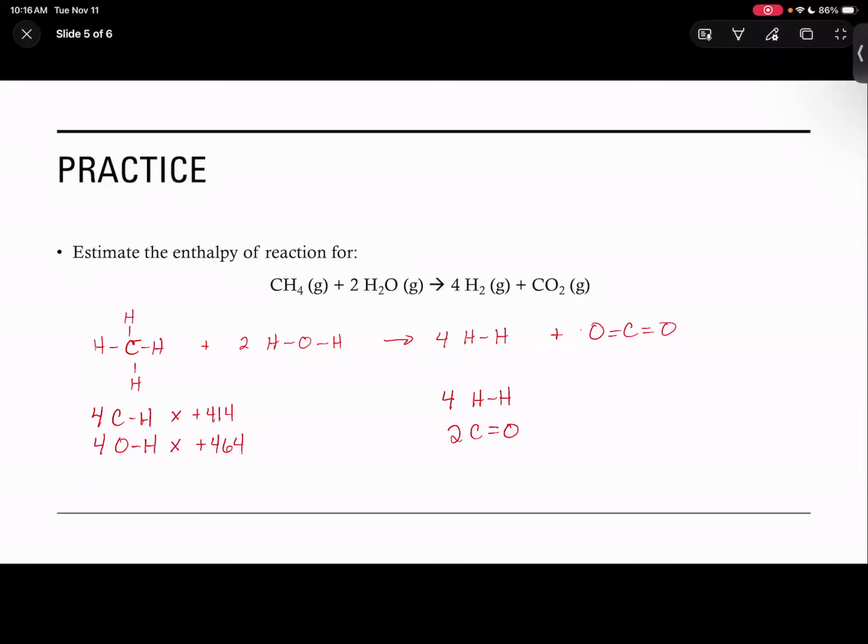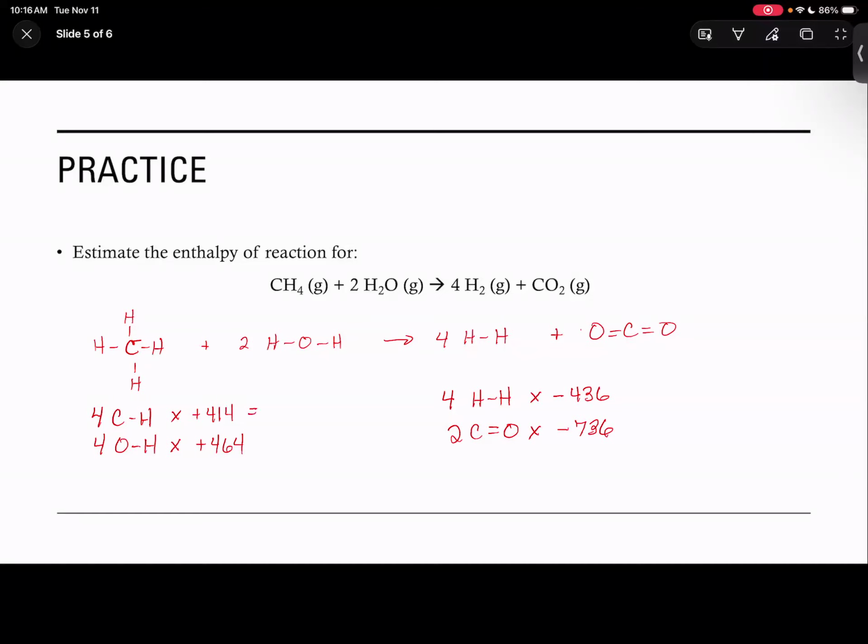HH is 436. What sign would it have? Negative, because it's the products. And carbon dioxide, C double bond O, is 736. And again, it will be negative because it's a product.